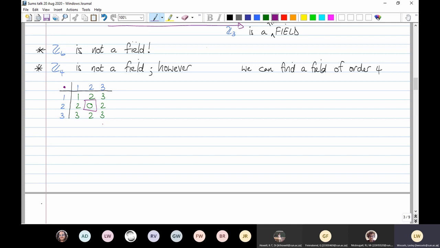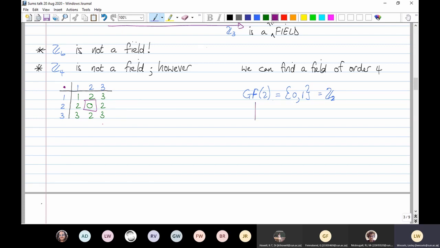But we can find a field of order 4. I'm not going to go into detail regarding this, but generally we use the notation GF2, and this is basically exactly our set Z2.